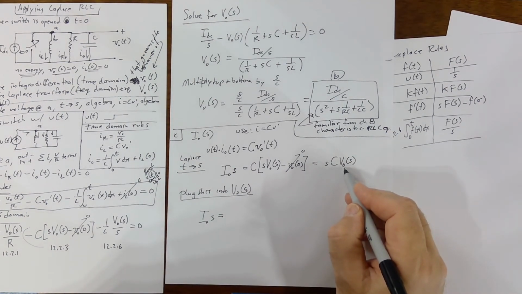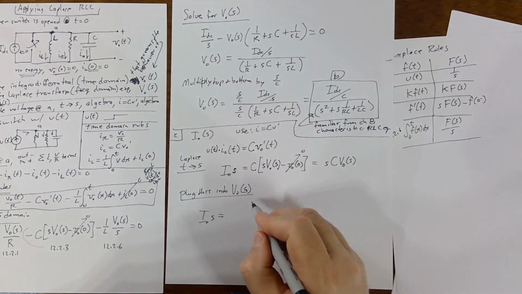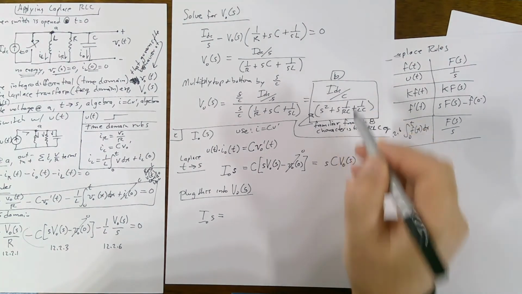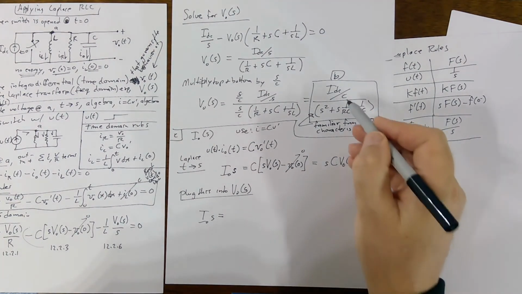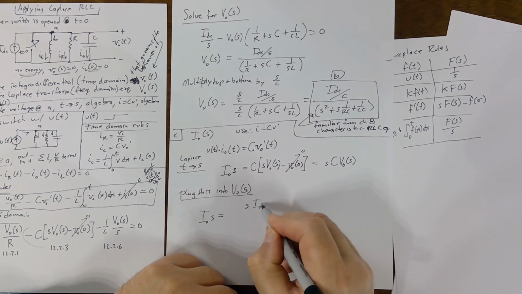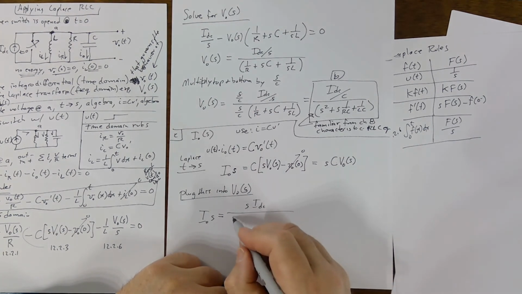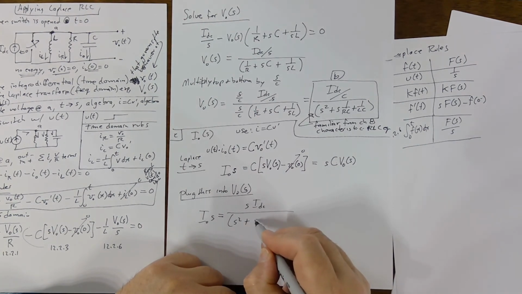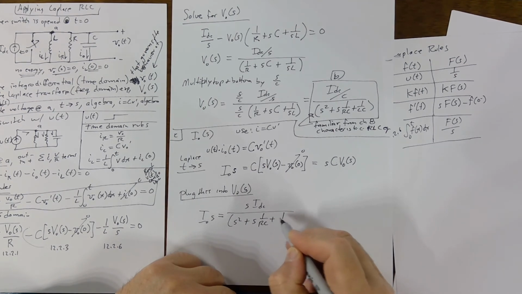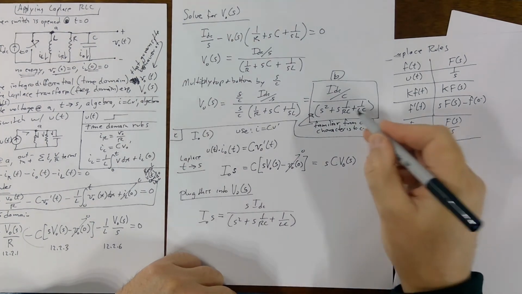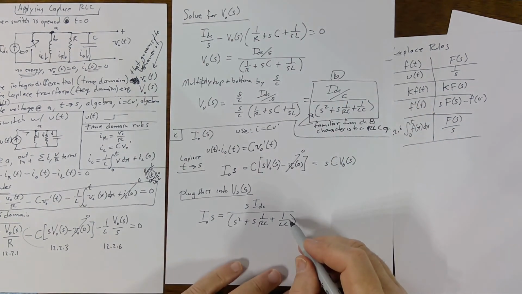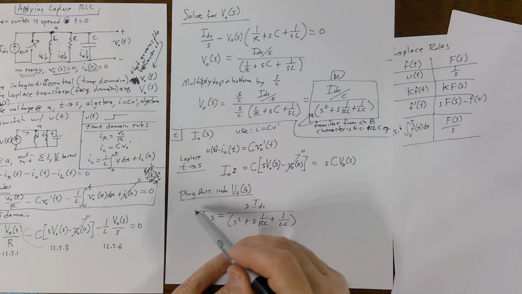Big C is really big here, and it's a little c. But anyway, it's going to be S I_DC over S squared plus S times 1 over RC plus 1 over LC. It's just the same as this stuff here, the C cancels and the S comes over, and that's that.